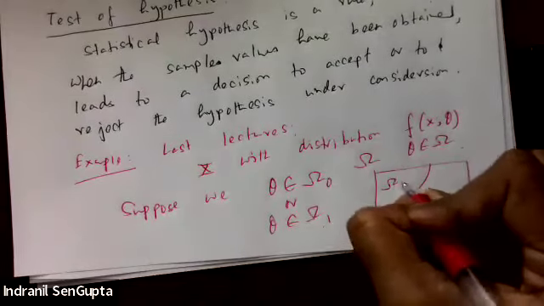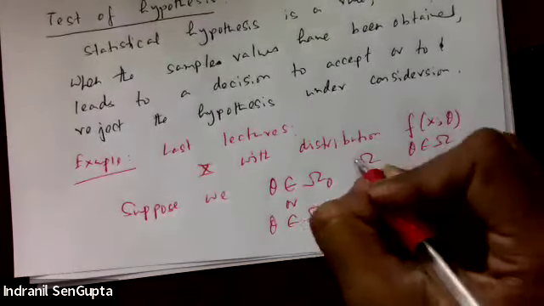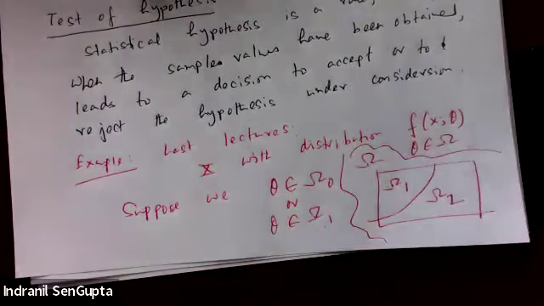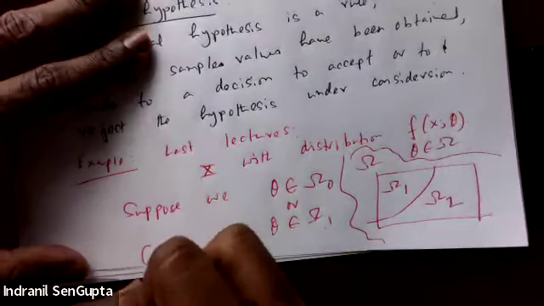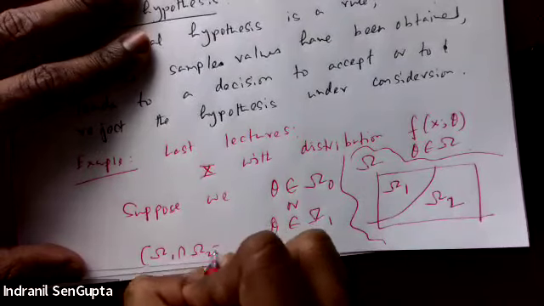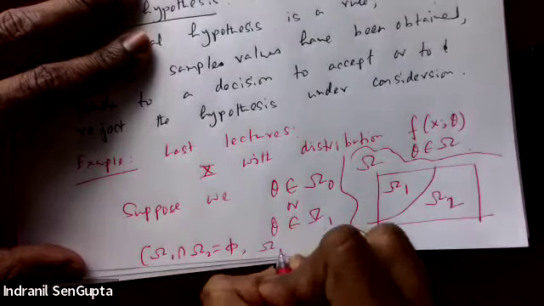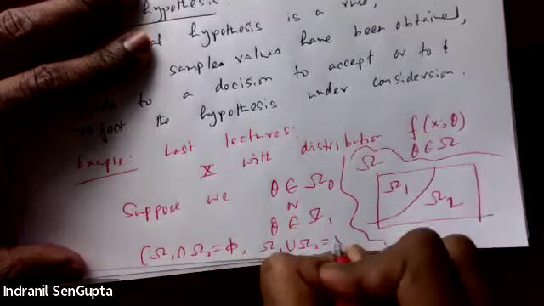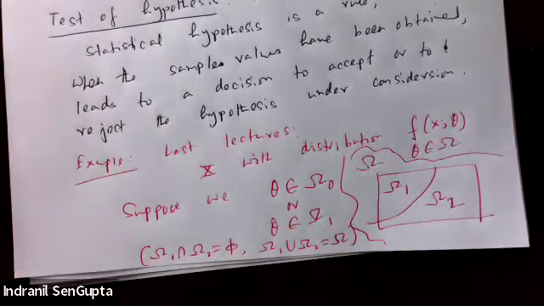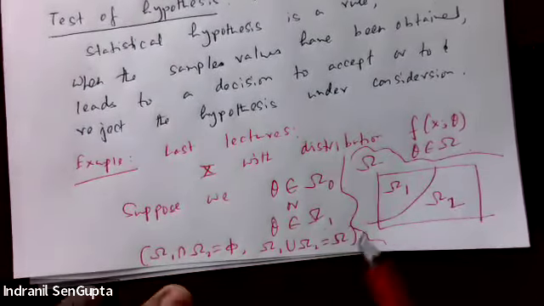Suppose this is my omega 0, this is my omega 1, where the intersection of omega 0 and omega 1 is null, and omega 0 union omega 1 is omega.